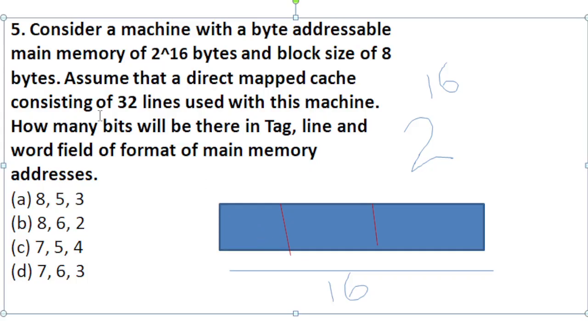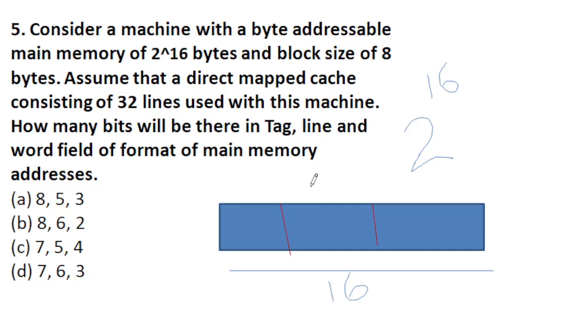For that, they have given 32 lines. 32 lines means we can find the line field easily. How can we write 32 as a power of 2? 2 raised to 5 is equal to 32.